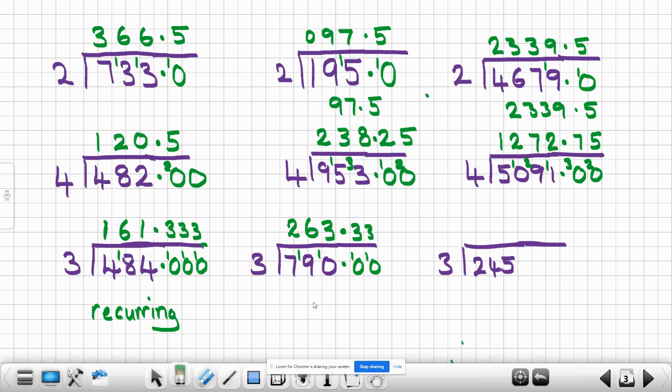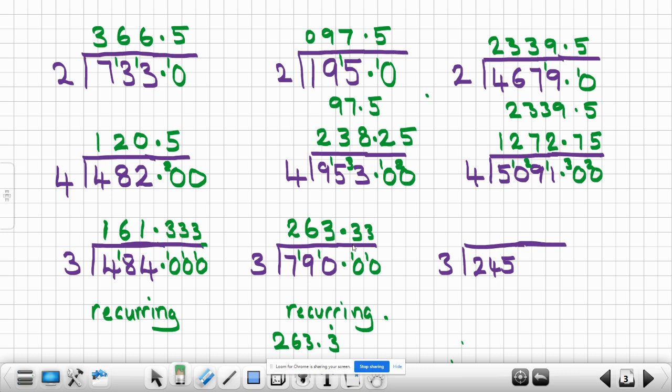And we can see the same thing's going to happen. It's going to be recurring. And what we tend to do mathematically, we can show this is going to be recurring by just putting a dot above that 3 to say this 3 is going to be repeated.